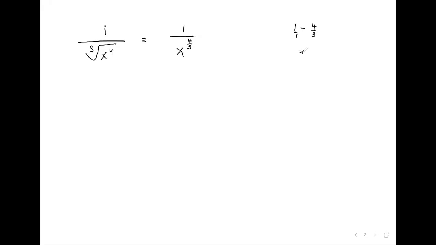Because to rationalize is to make the power of x in the denominator 1. So find the number that when you add to this power, the power of x will become 1. That number is easily found by subtracting from the one that you want to have. So you have 3 minus 4, which is negative 1/3.